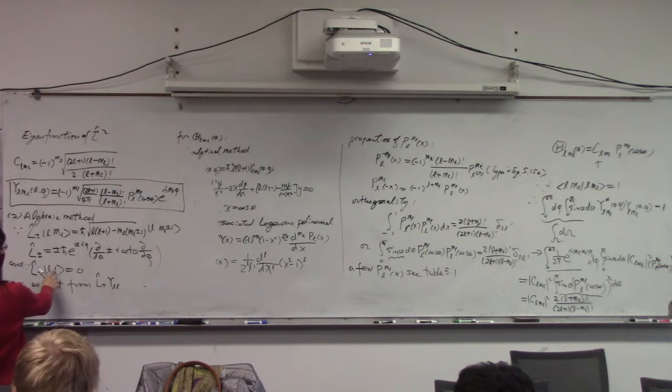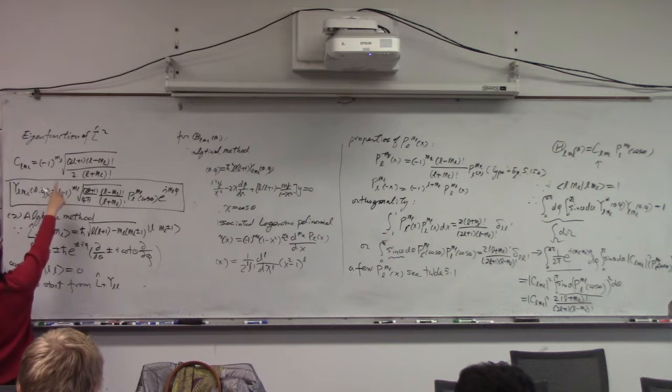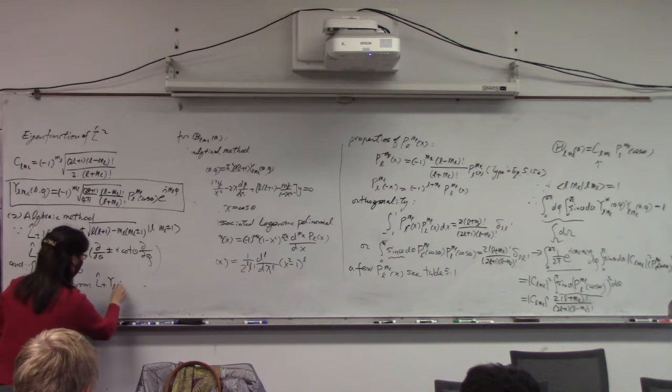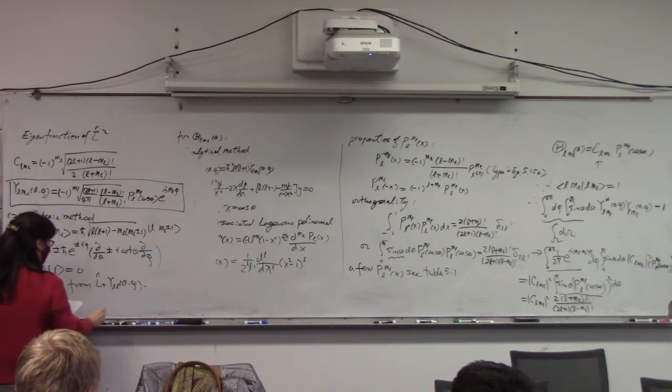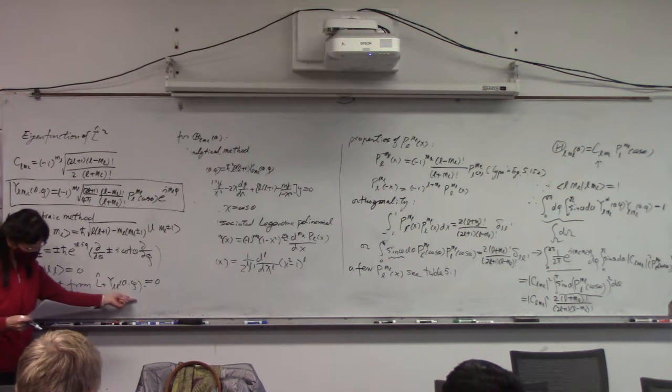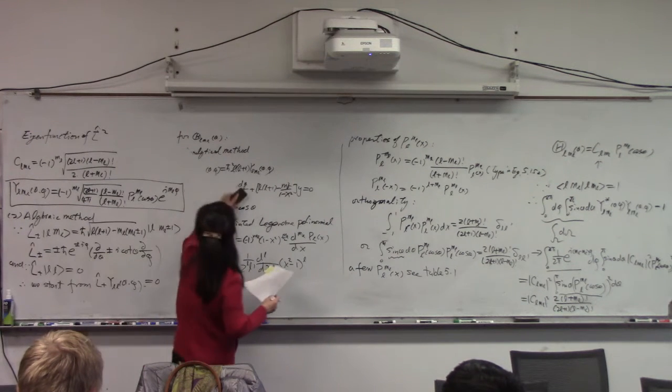Since L, this in the spherical coordinate is this one, we already gave the name spherical harmonic. That's equal to 0. So we are going to start from here and look at the left-hand side and see how to obtain it.